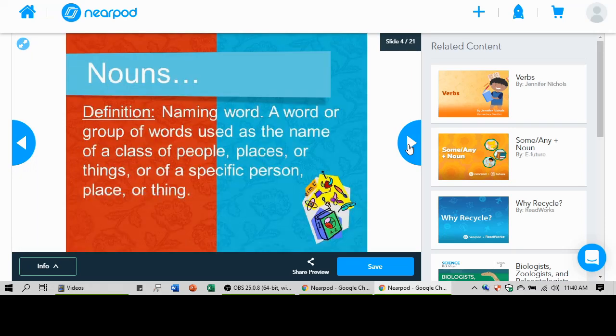Okay, there is the definition of the noun here. So my definition of nouns, what are nouns? Okay, so my discussion about this, and the students have to read this one so that after the discussion, students will be able to answer the questions afterwards.